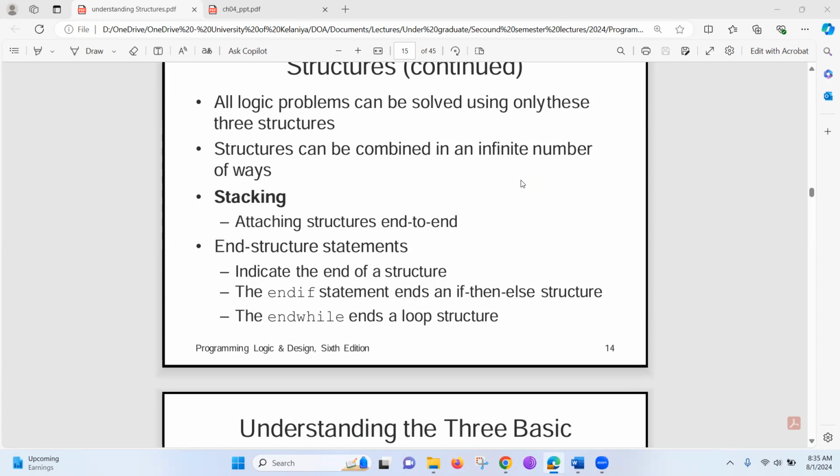That means stacking, attaching structures end to end. If you are using the sequential structure, there is a starting point and an end point. I can show you like this, right?